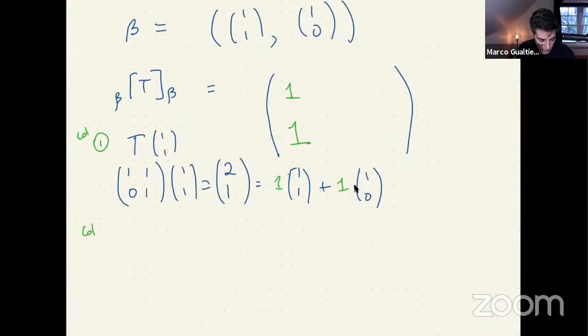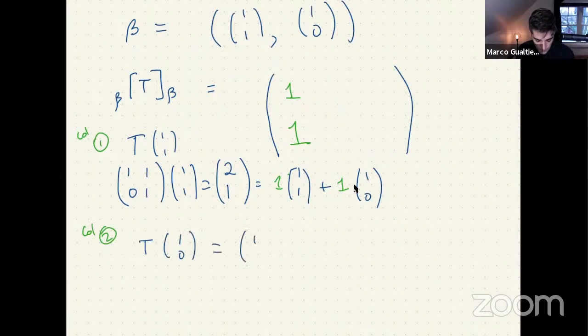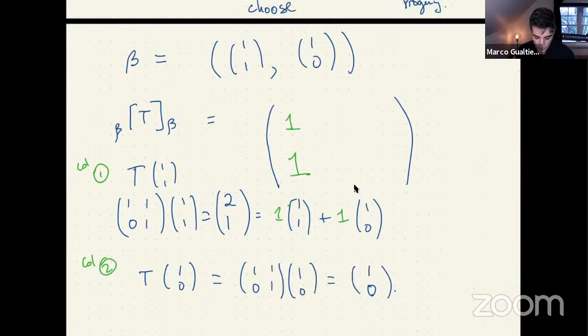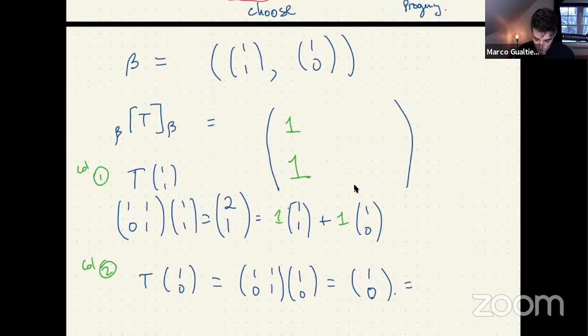Column 2, if I compute T of 1, 0, I get 1, 0. And that's just 0 times 1, 1 plus 1 times 1, 0.